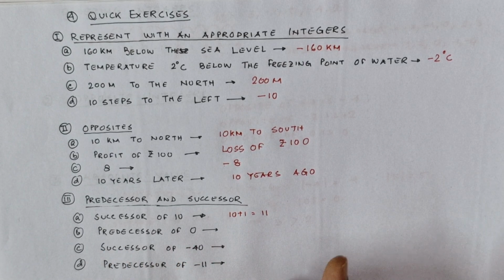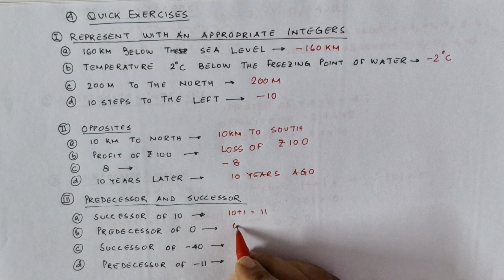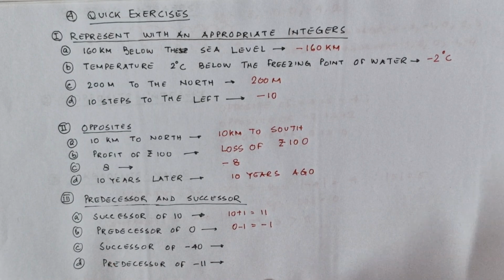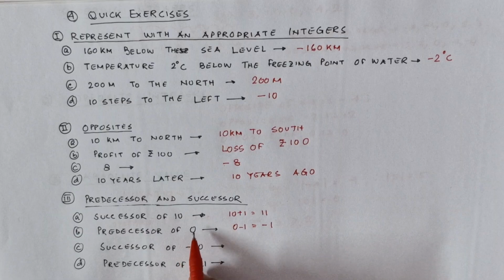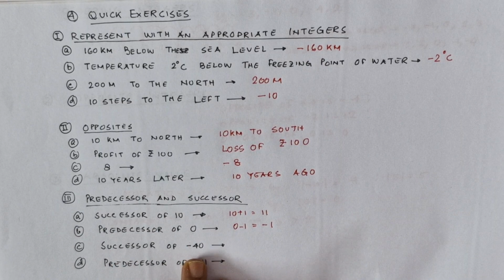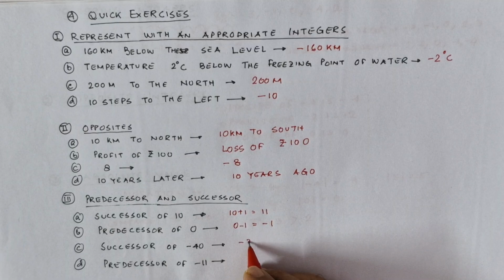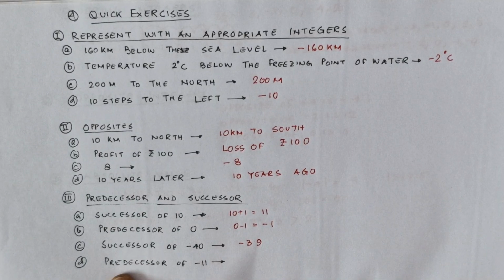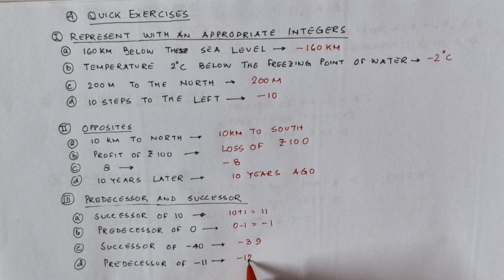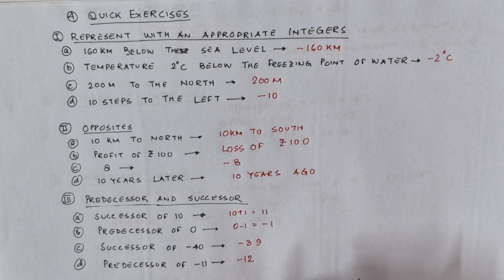I told you, just subtract 1 from it, you will get the predecessor. So 0 minus 1 is minus 1. Or you can also take the help of a number line to find the predecessor of 0. Successor of minus 40 is minus 39. What is the predecessor of minus 11? It is minus 12. Got it?